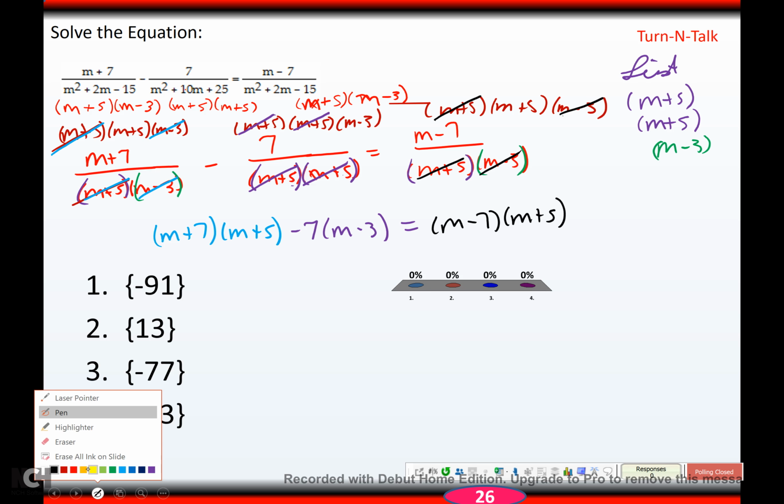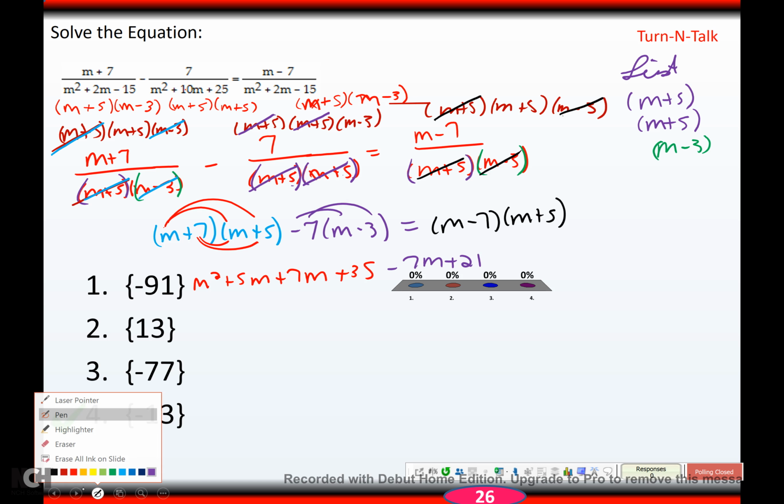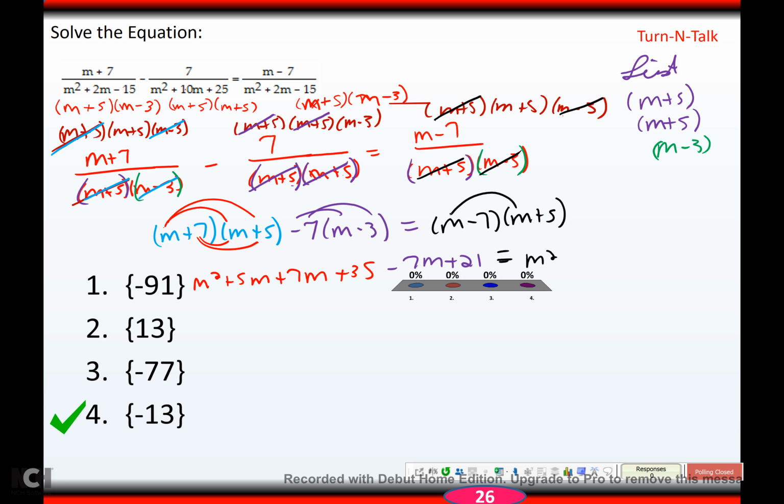So now it's just a matter of cleaning it up. Distribute, I get M squared plus 5M plus 7M plus 35 minus 7M plus 21 equals M squared plus 5M minus 7M minus 35.